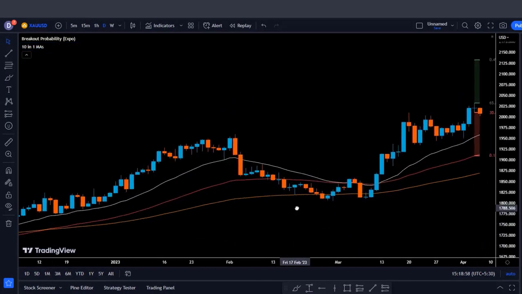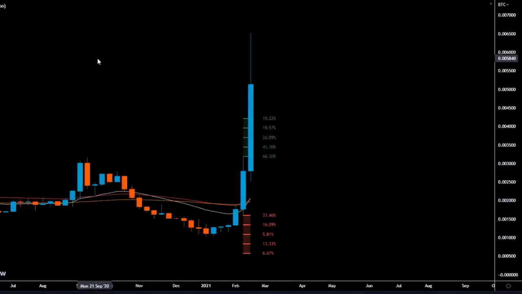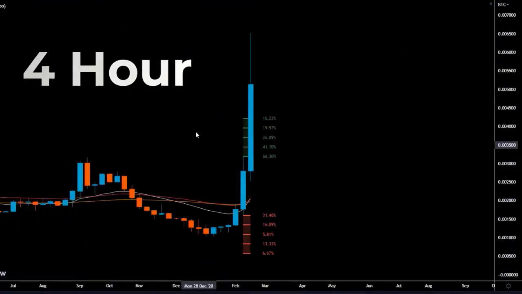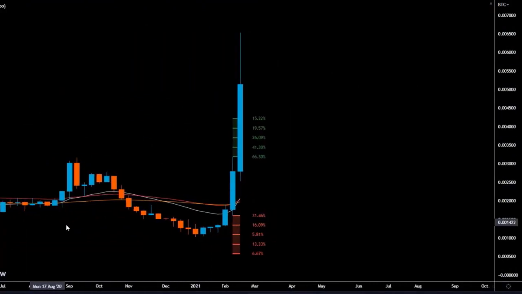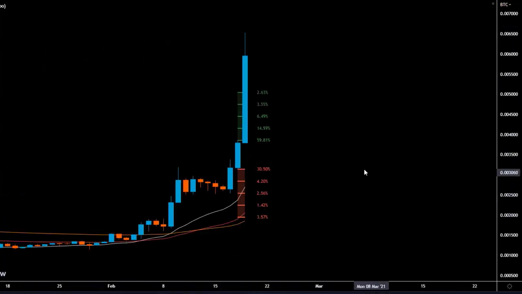Now let's take a look at how we will be combining the indicators to enter into a position. First we will look at the prediction made on the 4-hour time frame by the breakout probability indicator. Based on the probability of the next candlestick being lower or higher than the previous candlestick, we will choose a bias to have for the 15 minutes time frame. Then we will switch to the 15 minutes time frame.